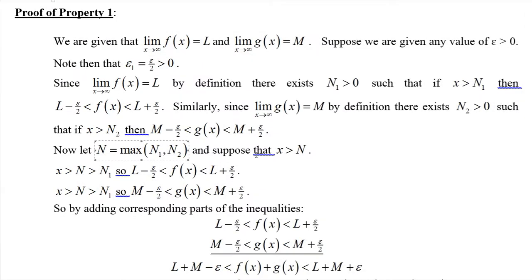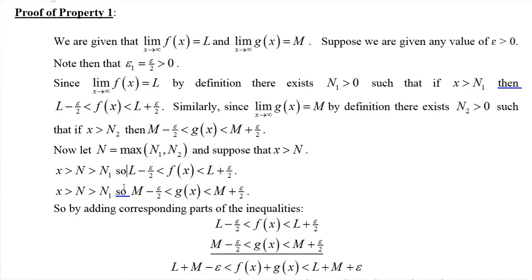Now we let our n be the maximum of n1 and n2, and then suppose that x is greater than n. Well, if that's the case, then of course x is greater than n, which is in turn greater than n1, so x is greater than n1, so we get this inequality true here.